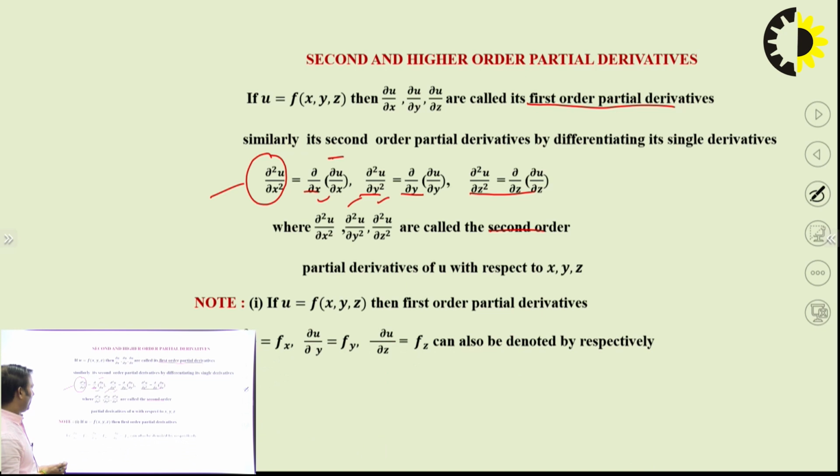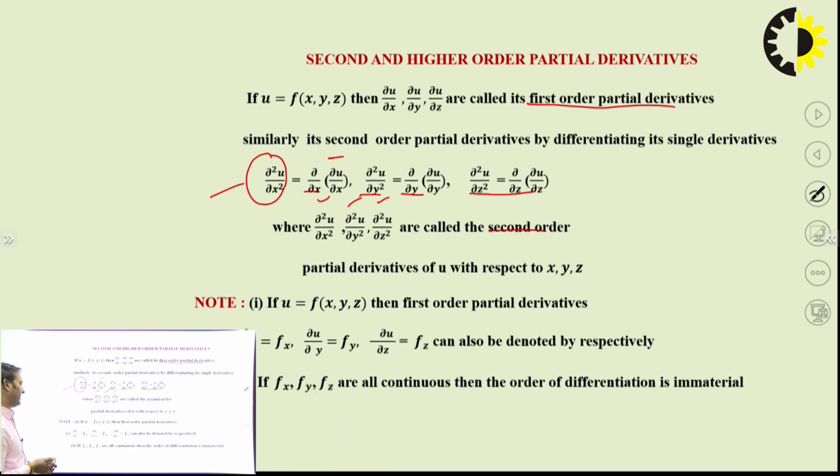So student, now if we take an example, finally, if u is a function having x, y, z, then its single order derivative is called del f. Its differentiation with respect to y is denoted by f of y. Its differentiation with respect to z is called fz.